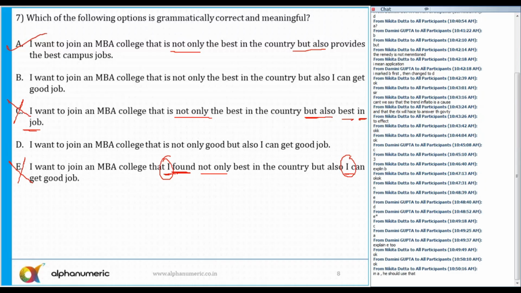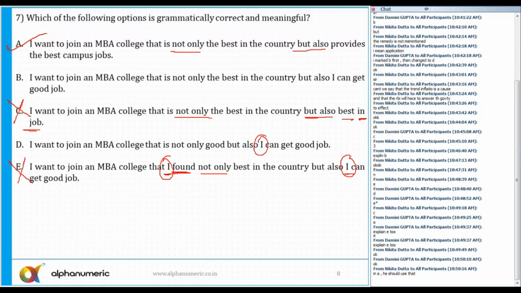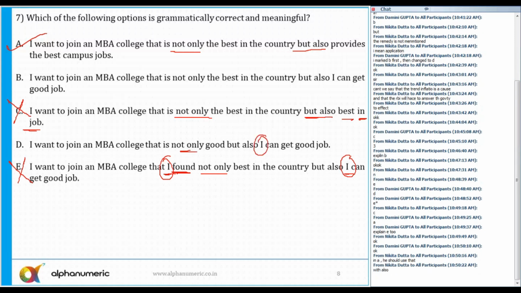Same thing happens in D: I want to join an MBA college that is not only good, but also I can get good job. Again, this is wrong. And in B: not only the best in the country, but also I can get good job does not make sense. It's not only the best in the country, but also provides a good job. That would have been better.